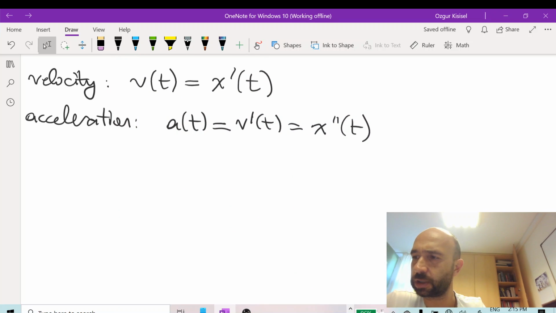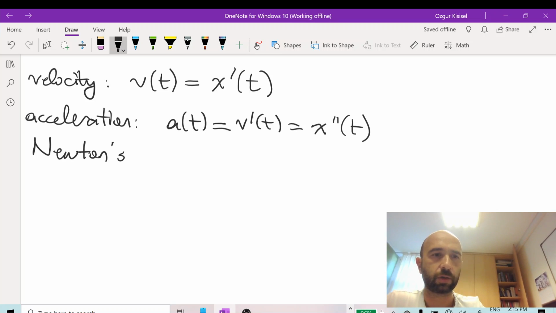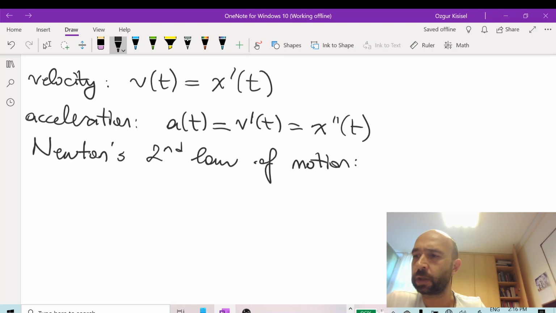Now, the importance of these quantities comes from classical mechanics, and more specifically Newton's laws of motion. There are several laws of motion of Newton, and one of them, the second law, says that an object is accelerated in a way proportional to the total force that acts on it.